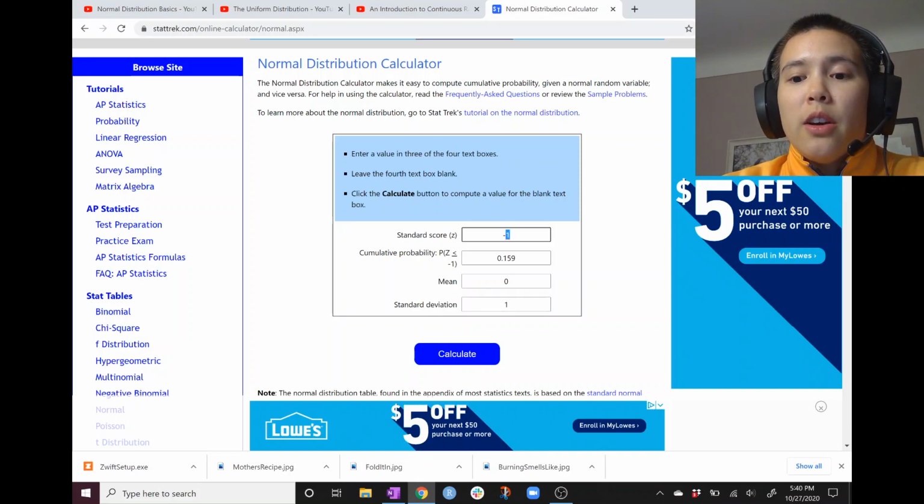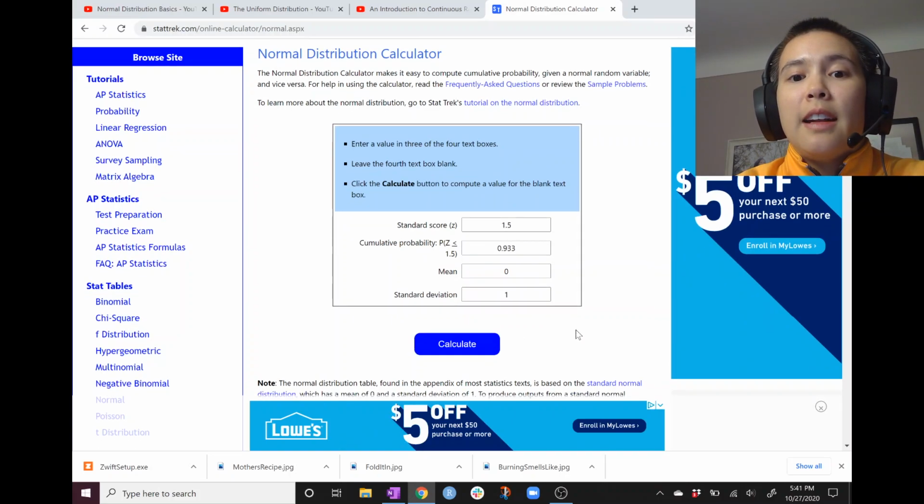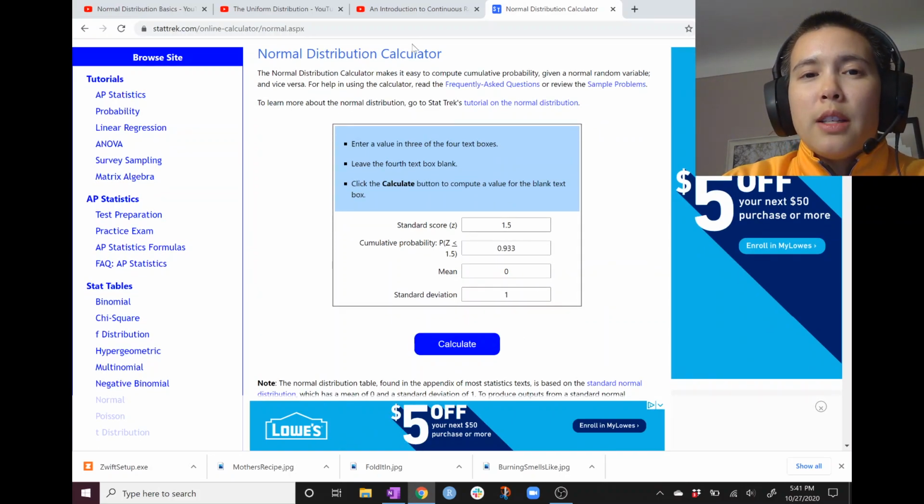And I want to know what's the probability that z is greater than 1.5. So let's try typing in 1.5 and see what happens. We get 0.933. So let's think about that number there, 0.933.